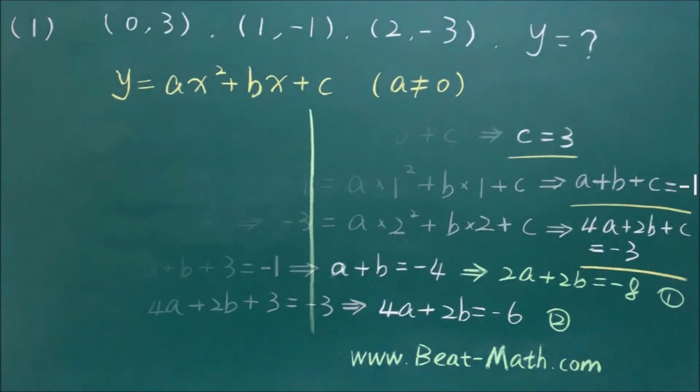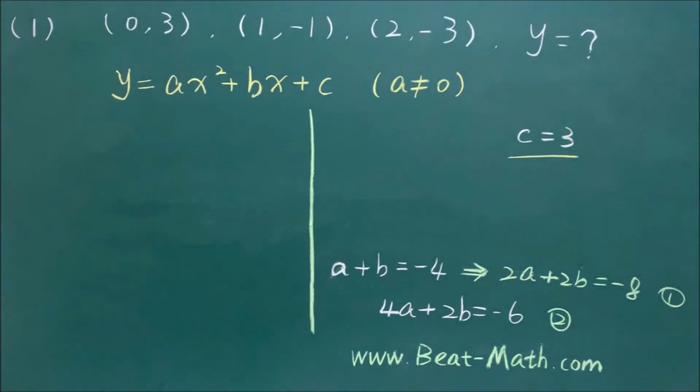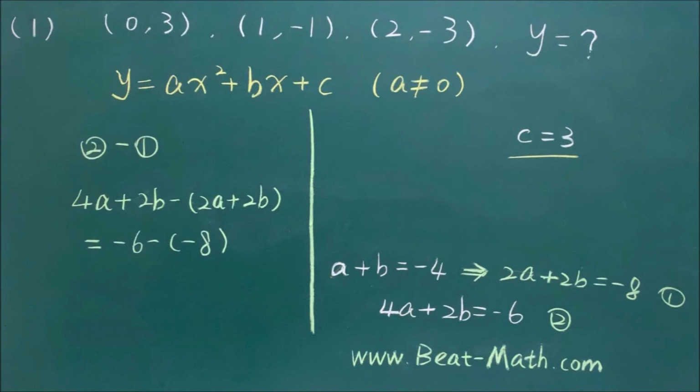When we subtract the first equation from the second equation, we get 4a plus 2b minus (2a plus 2b) equals -6 minus -8. 4a minus 2a equals 2a. 2b minus 2b equals 0. -6 plus 8 equals 2. That's 2a equals 2, so a equals 1.